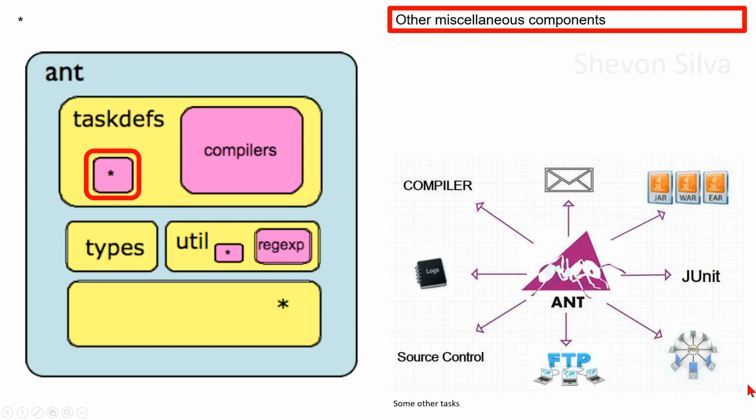And there are file tasks: attrib, checksum, chgrp, chmod, chown, concat, copydir, copyfile, delete, deltree, filter, fixcrlf, get, mkdir, move, patch, rename extensions, replaceregexp, set permissions, sync, tempfile and touch.